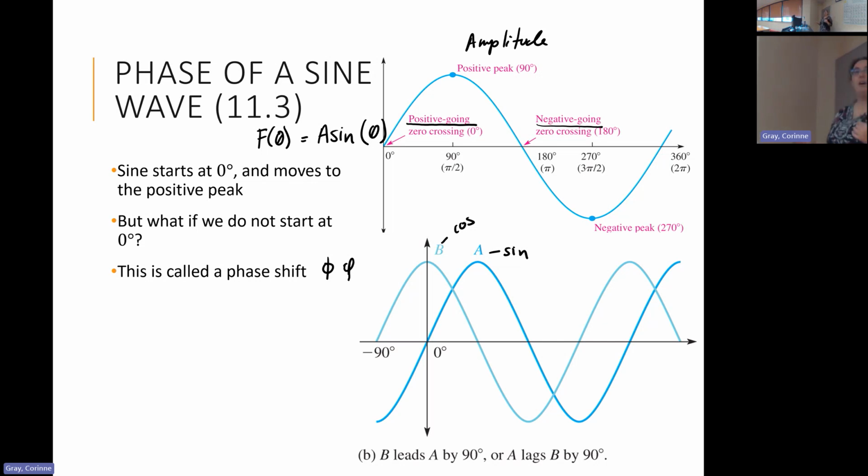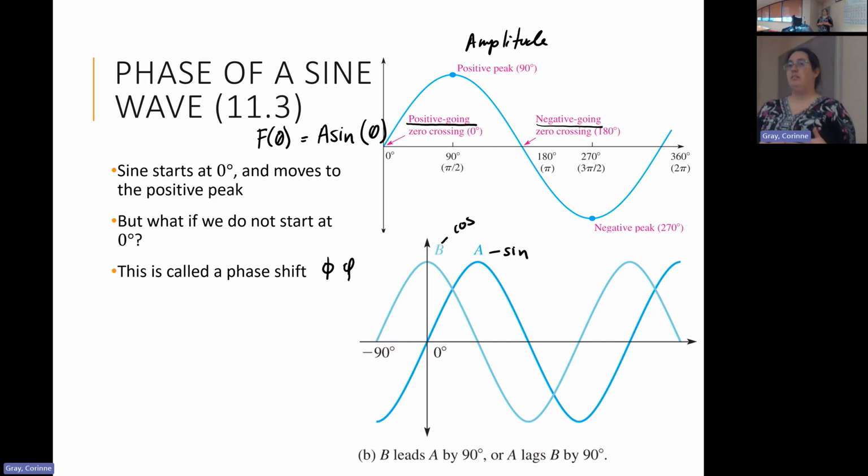So which one we want to focus on is going to determine what terminology we would use. If we look at the bottom here, it gives us kind of that terminology that we'll be seeing. We're going to have leads and lags. So if we were focusing on B, B leads A by 90 degrees.